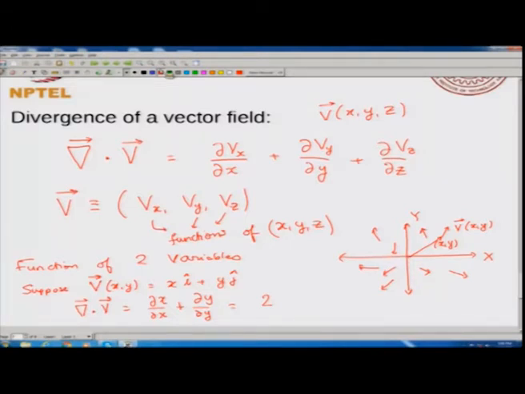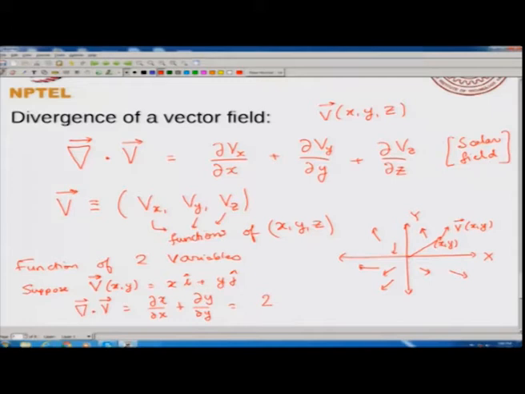In this particular case that we considered, we just got 2, a number, but in general it is a scalar field, because each of the V_x, V_y and V_z depend on x, y, z. So each of these terms in the divergence depends on x, y, z. So the divergence of a vector field is actually a scalar field.